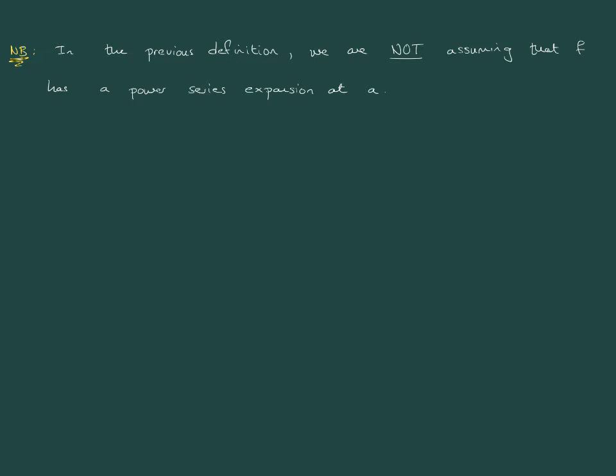We are only assuming that it has infinitely many derivatives at a, which is a different idea. Okay, so this can be quite confusing at first, as there are a few subtle but very important points at play. So what I'm going to do now is try and encompass these into 2 remarks.